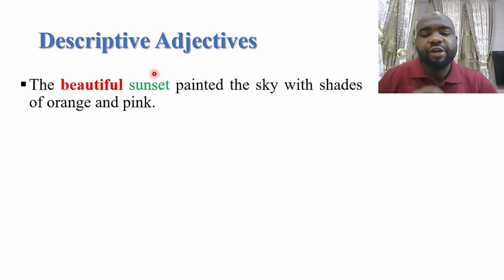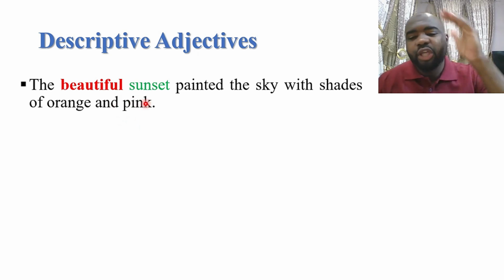Now, let's come back to descriptive adjectives and have some example sentences. For example, the beautiful sunset painted the sky with shades of orange and pink. Beautiful sunset.